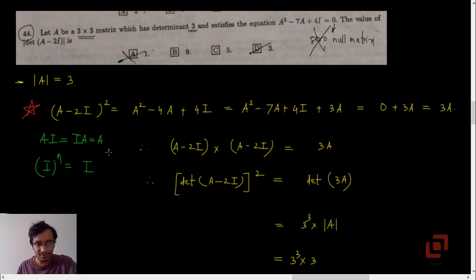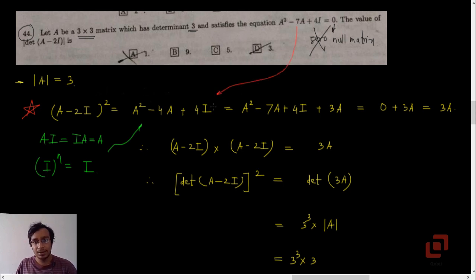So once you know this and expand A minus 2I squared, then you'll get A squared minus 4A, and that is again plus 4I. Okay, and now this equation should be brought into play.